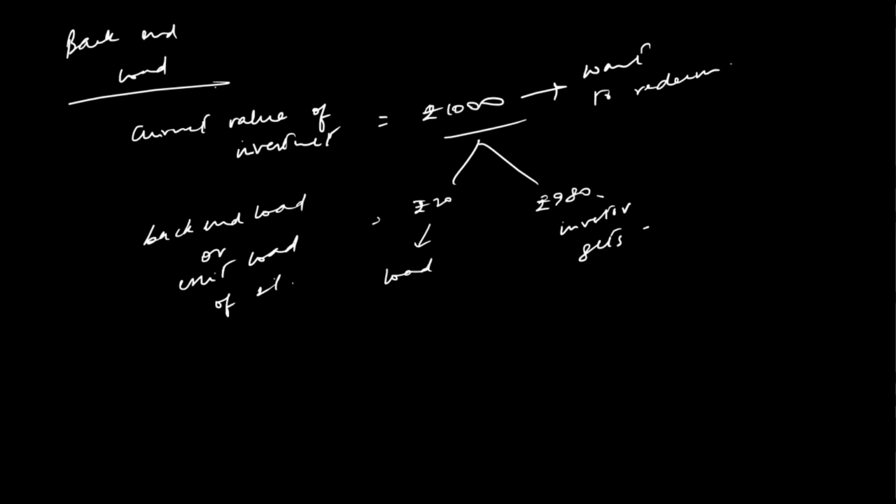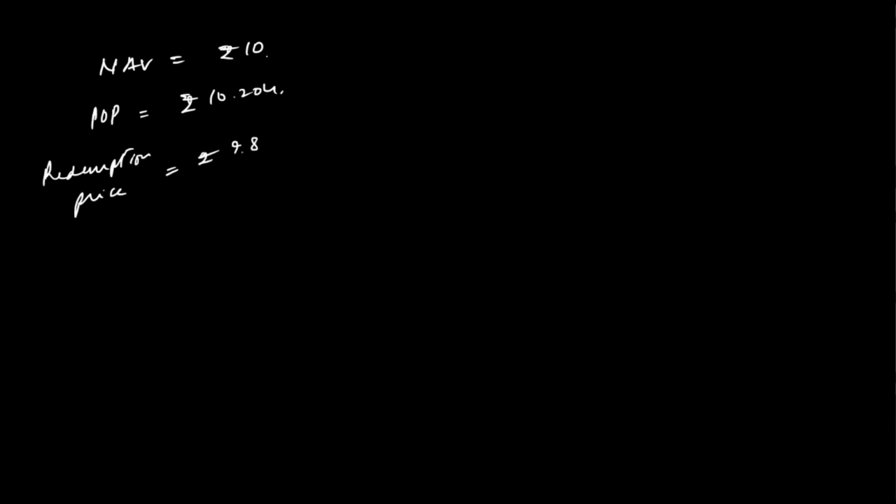Now coming back to the question, what is given? The NAV is rupees 10, but POP is rupees 10.204 and redemption price is rupees 9.8. This means that if an investor invests 10.204, rupees 10 will go towards investment because that is the NAV, and the remaining 0.204 is towards load.